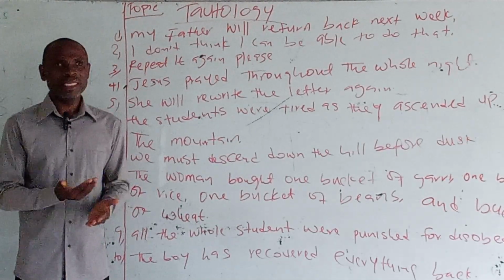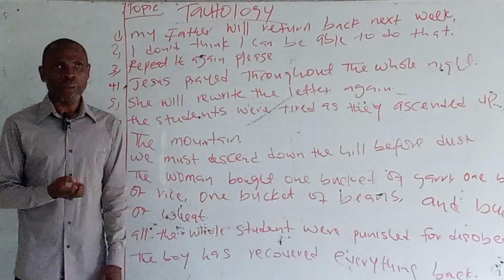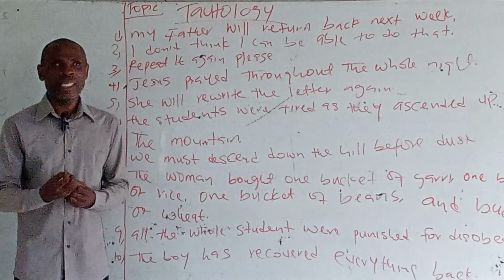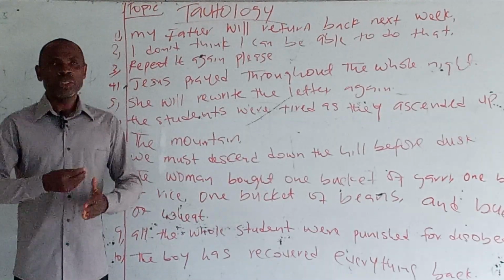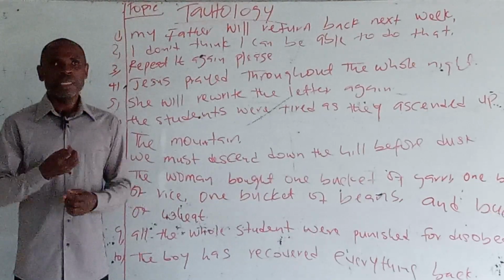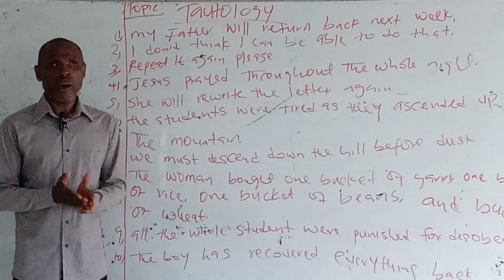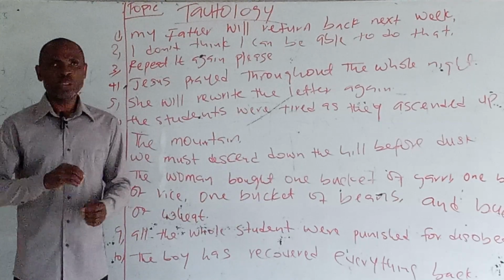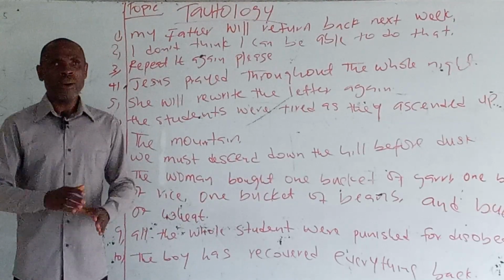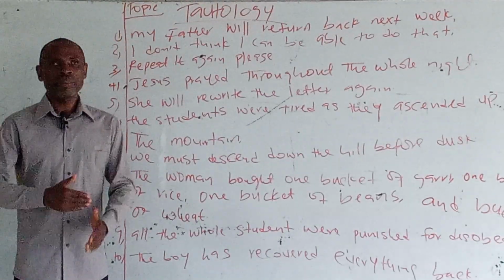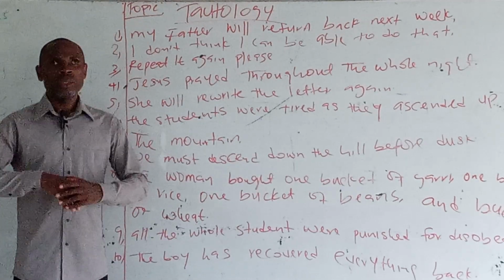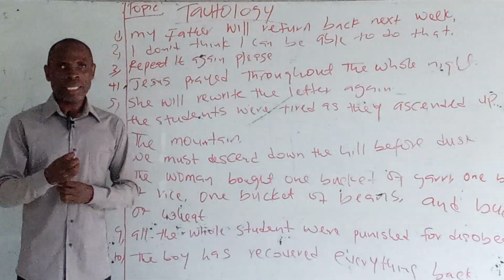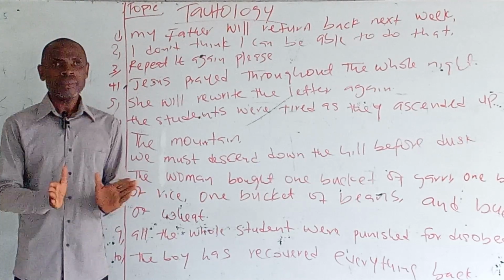A better way to express this sentence is, therefore, all applications must be submitted before or on 25th of January 2025, or so all applications must be submitted before or on the 25th of January 2025. So and therefore cannot be used together.